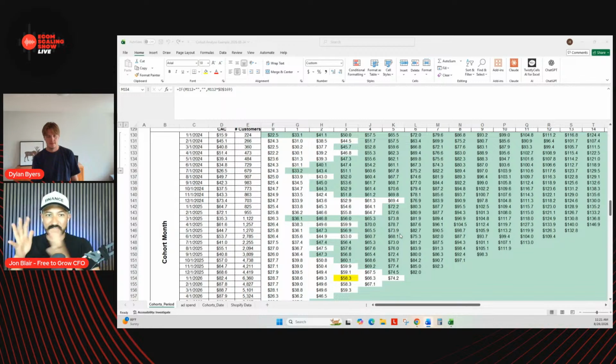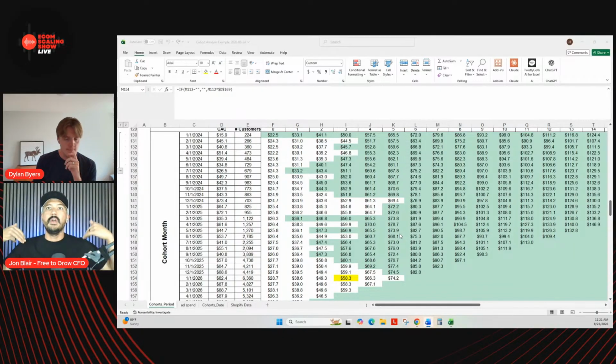But there's some serious risk considerations there, right? The further you push out that payback period as you steepen the new customer loss, the more that you are placing a bet, right, on the fact that your historical retention curve or your forward-looking retention expectations are going to turn out to be true.